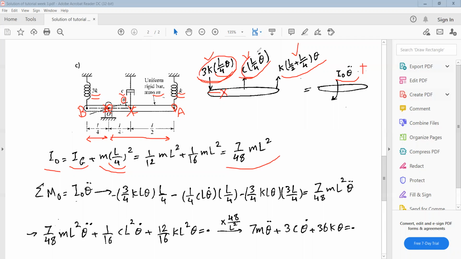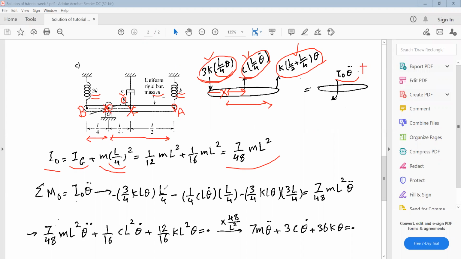The force due to the damper is C times L over 4 times theta dot, multiplied by its arm, which is again L over 4. And finally, the moment due to this force is the force times its arm, which is L over 2 plus L over 4.